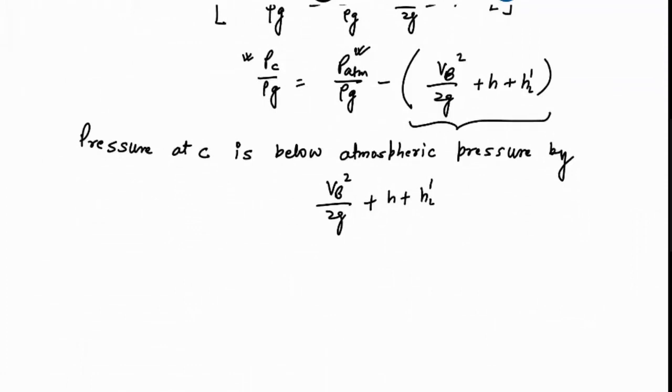so at the top portion you will have minimum pressure. So we can say minimum pressure will occur in the horizontal portion of the tube.